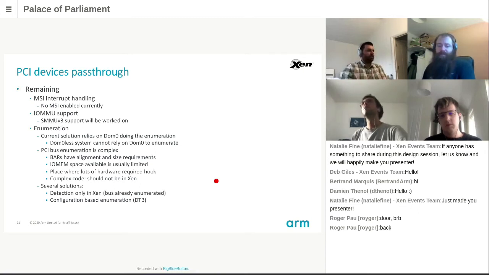This is not a perfect solution, but this is a solution which could fit some of the use cases where you don't want to have a DOM0. Because when you don't want to have a DOM0, most of the time you know your system already. So you could start Linux, check the enumeration, generate the PCI enumeration description, put it in your DTB, restart, and Xen would apply it.